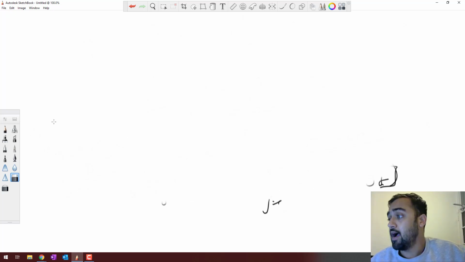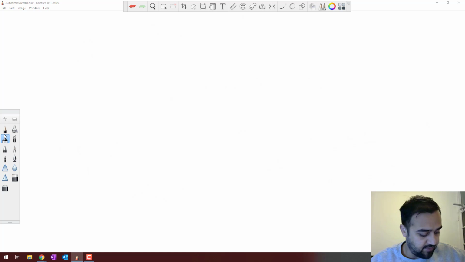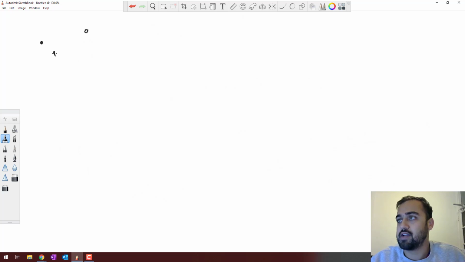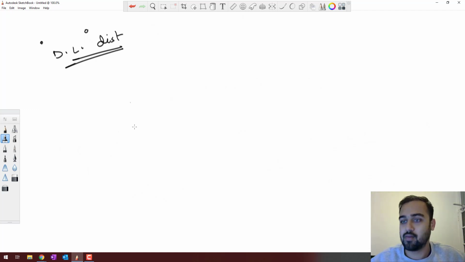Then you have your Hamming distance and Levenshtein distance. Levenshtein distance is basically between words. There's a concept called Damerau-Levenshtein distance, DL distance, that calculates the difference between words.